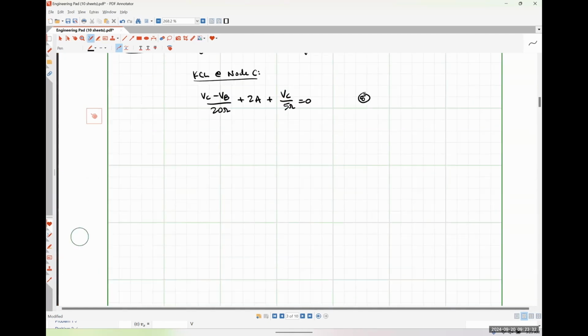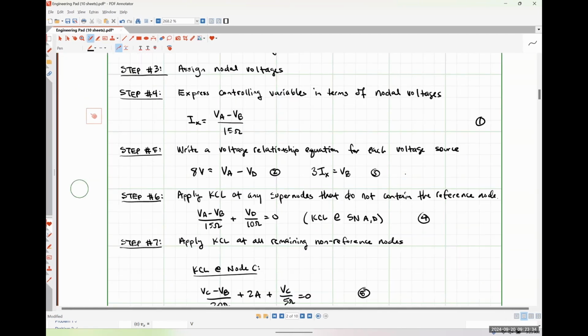If we look back at our steps here, step number 6 tells us to apply Kirchhoff's current law at any supernodes that do not contain the reference node. So if I make my reference node touch the voltage source, that means I don't have to write a KCL equation, which is work. And if I can avoid doing work, I'm going to avoid doing work.